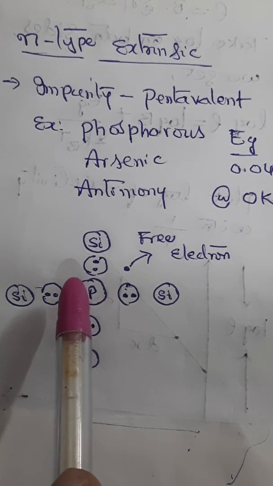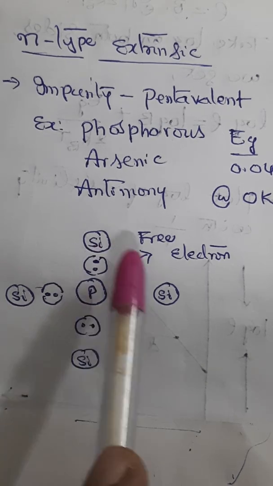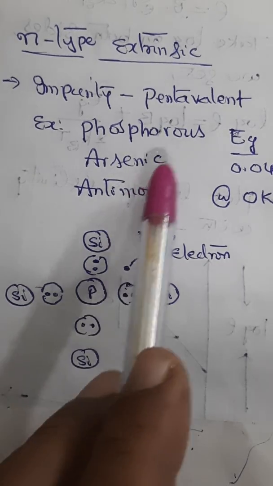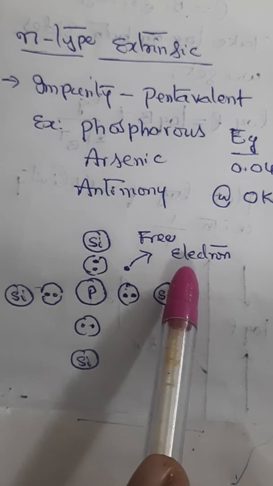So 4 of the valence electrons of phosphorus form 4 covalent bonds with adjacent silicon atoms. The 5th electron, because it is pentavalent, is left free.